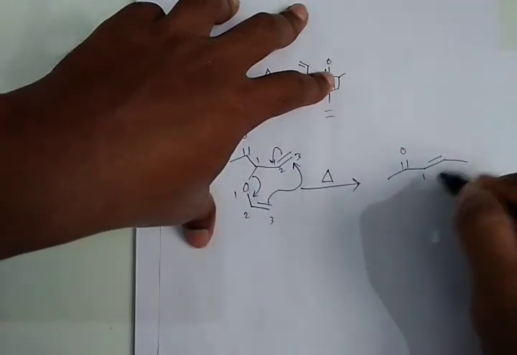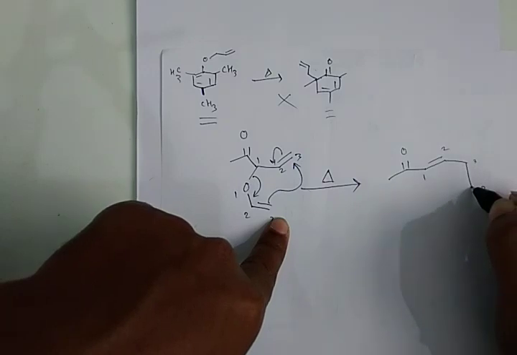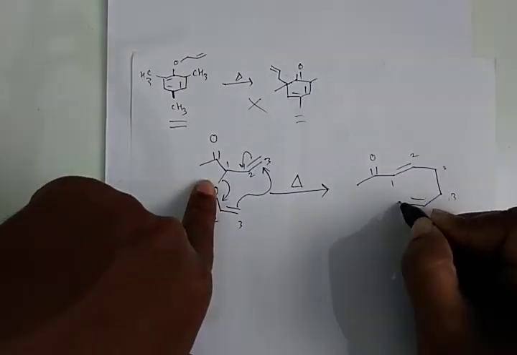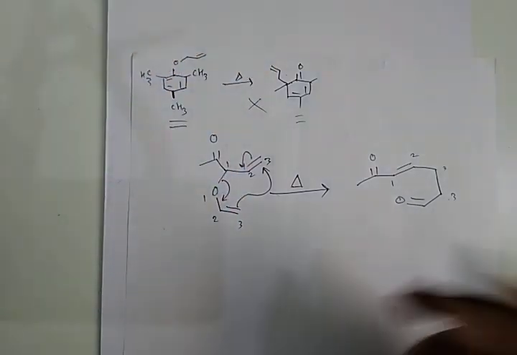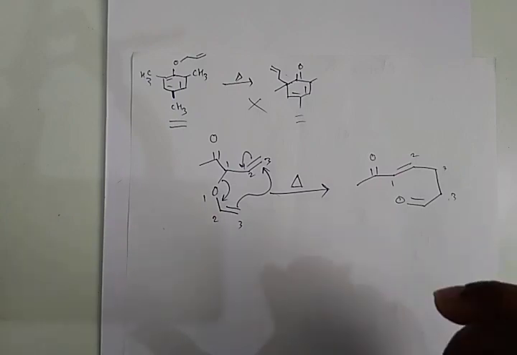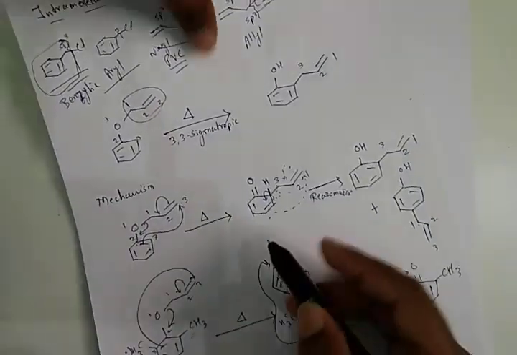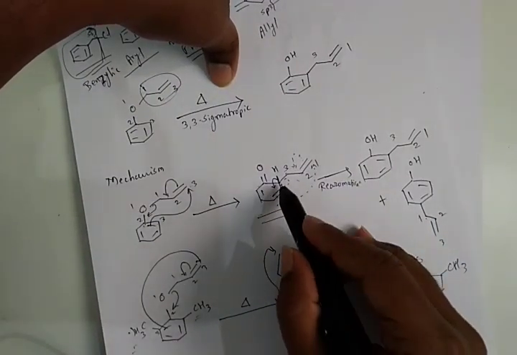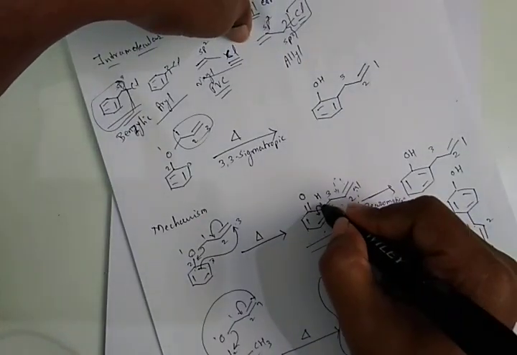So here's your 1, 2, and here's your 3. 3 and 3 are getting attached, and then you are getting this kind of product. Now in the case of aromatic rings, at the position where your third carbon comes, the hydrogen has to go.